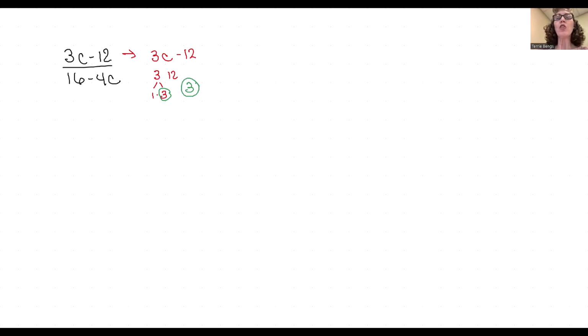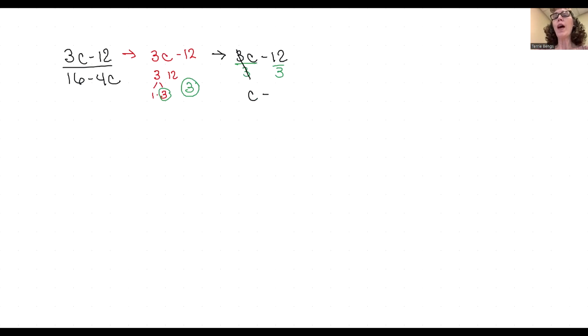Now, once we get our greatest common factor, if you remember, we just rewrite our original expression. So we're just looking at the top, so it's just that 3c minus 12. And then we take that greatest common factor and divide both terms by it. When we do that, that cancels out those 3's, and it leaves us with c minus, and 12 divided by 3 is 4.